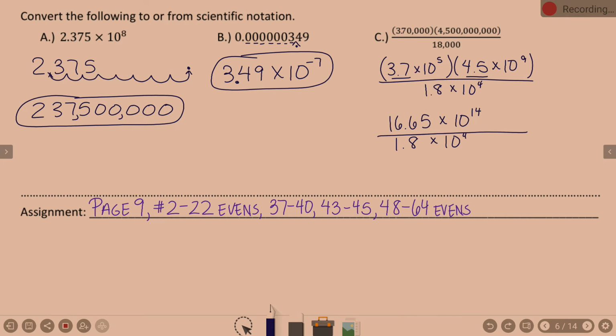Okay, so now we're dividing. Divide your whole numbers. What is 16.65 divided by 1.8? 9.25. And that would just be according to the calculator. I'm fine with that. 9.25 times 10. Bases are the same and we're dividing, so we subtract the exponents. Now am I in scientific notation? Yeah, so we didn't have to do anything fancy along the way. It all worked out in the end.